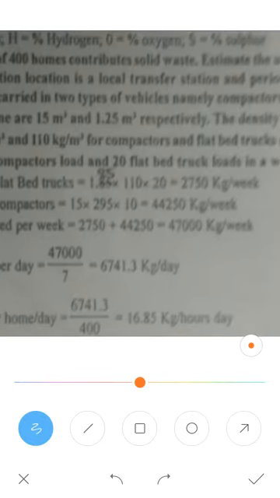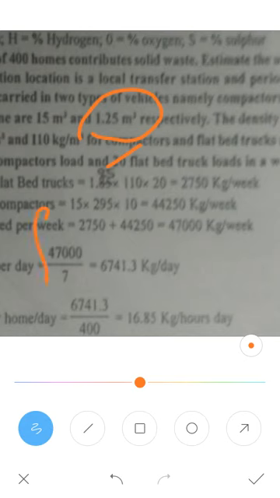They have given the volume as 1.25, so you take the volume as 1.25 here, and the density also you take. Density and volume will give the load mass. You know that density is equal to mass by volume.